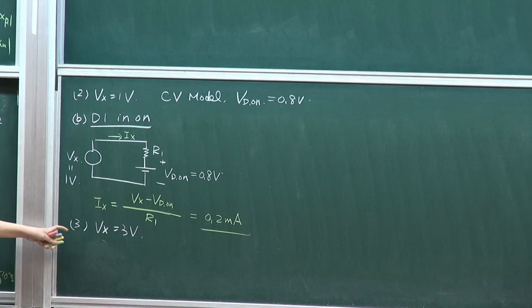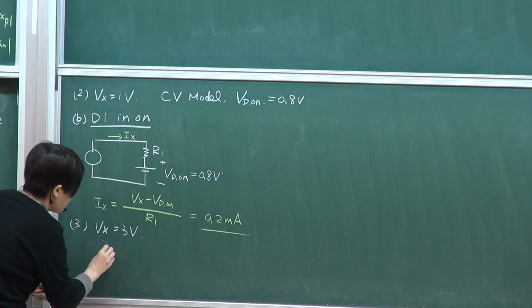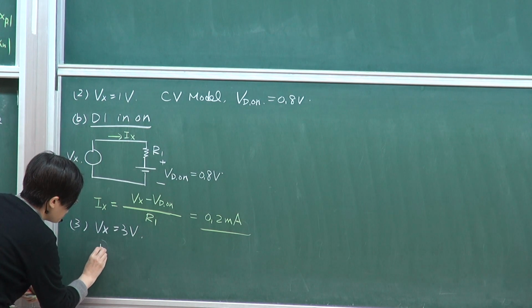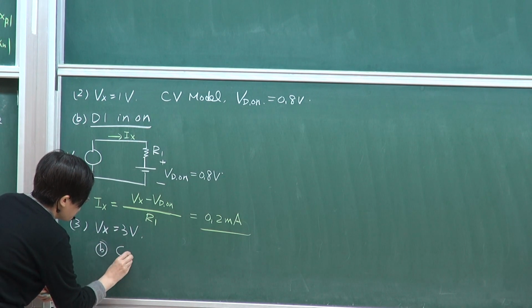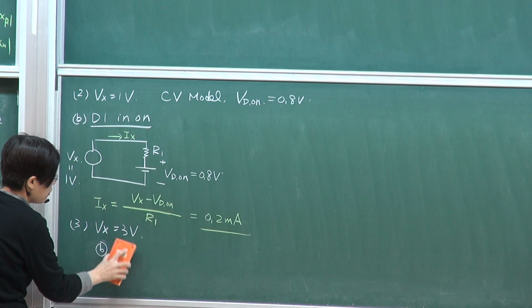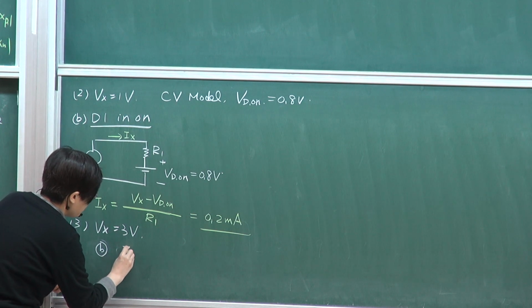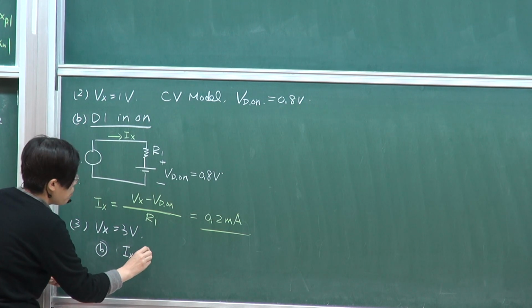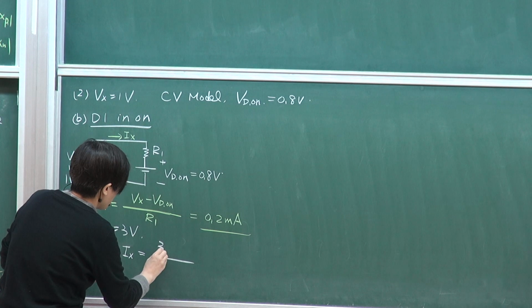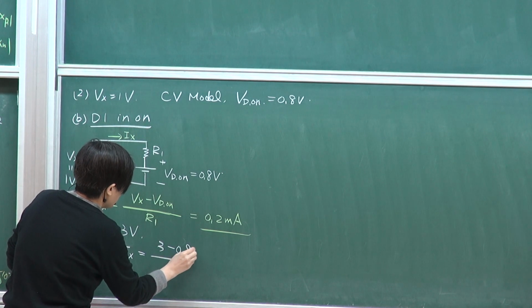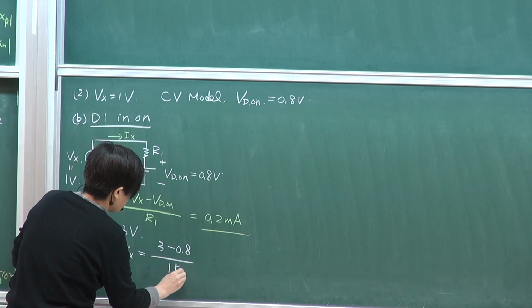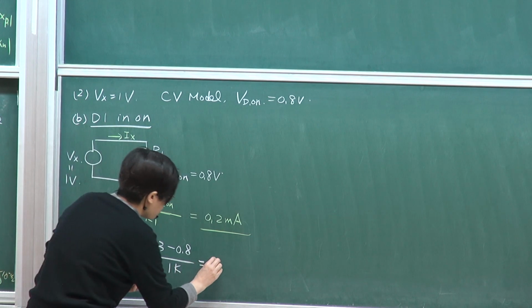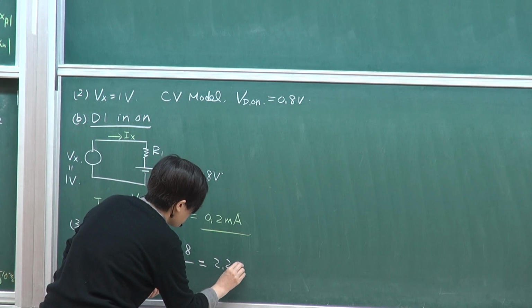So if you increase your voltage to 3 volts, this will be very easy. If you're using the constant voltage model, your current Ix will then become 3 minus 0.8 divided by 1K. So this will give you 2.2 milliamps.